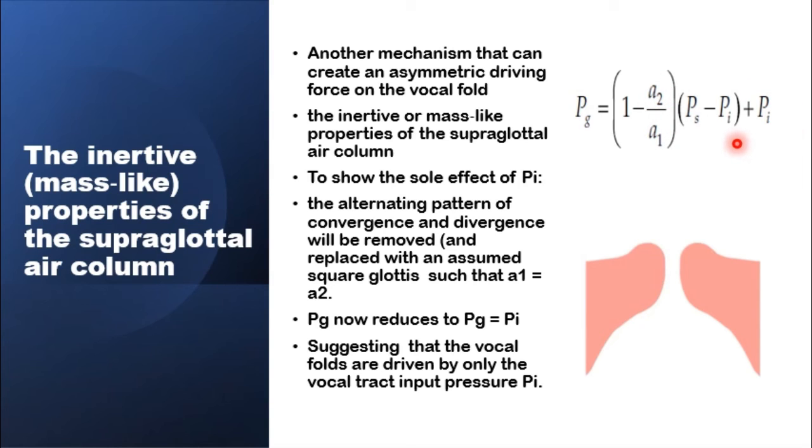To do this, let's assume that the inlet area A1 and the exit area A2 of the glottal canal are equal. This will make this fraction equal to 1. 1 minus 1 equals 0, and multiplied by this it will end up as 0 as well. So the intraglottal pressure will depend basically only on the supraglottal vocal tract pressure.